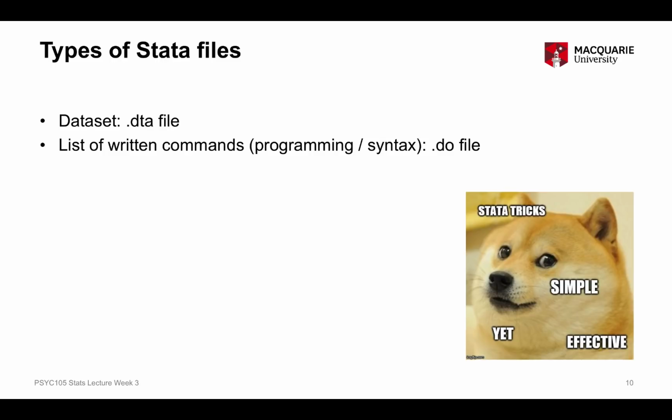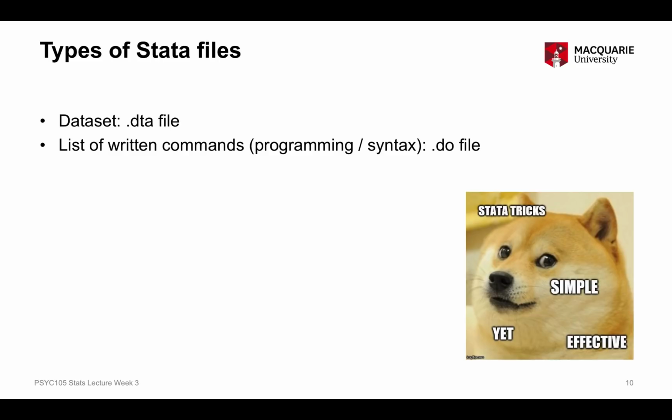We can also have a text file which has the file extension .do, and this text file is a compendium of written commands or written programs that you can use to tell Stata to do stuff. So Stata is a statistics program. As I mentioned to you before, in terms of getting it to do anything, you can do that one of two ways.